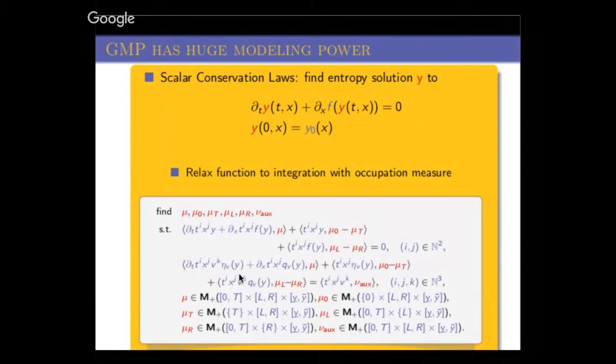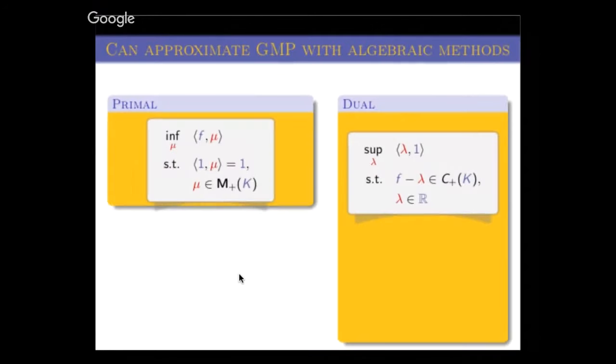So why is the generalized moment problem great? First of all, it can model things, and second, you can solve it. That's a huge advantage. If we go back to polynomial optimization, which is very easy, then it's a linear problem. So you have a dual problem to it, and the dual problem here looks like that. So you have the dual cone of measures, say the continuous functions. Actually, it's the other way around.